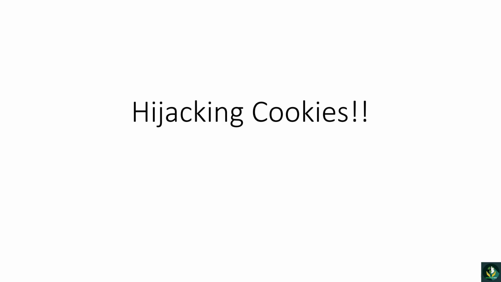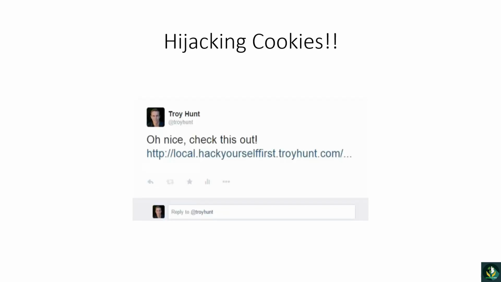I have taken a screenshot of a tweet, and this tweet does look kind of intriguing. So the guy thinks, oh nice, check this out, it must be something interesting. Now the link looks okay, it's a site that I know and trust, local to Hack Yourself First or troyhunt.com.